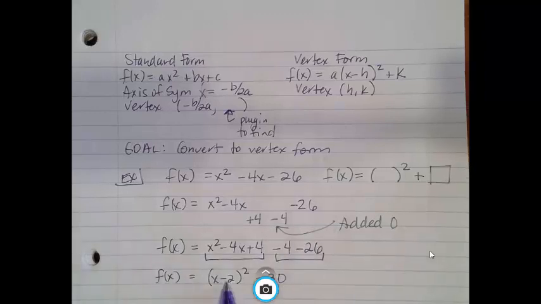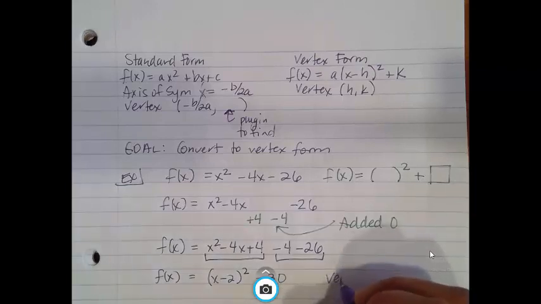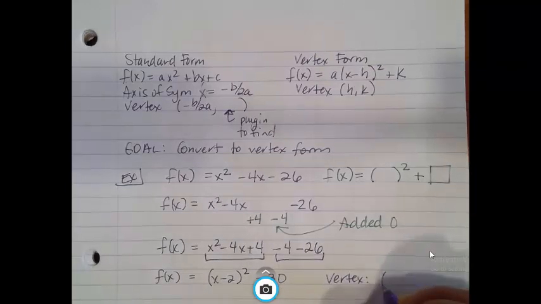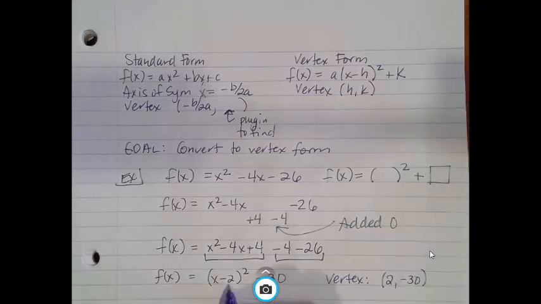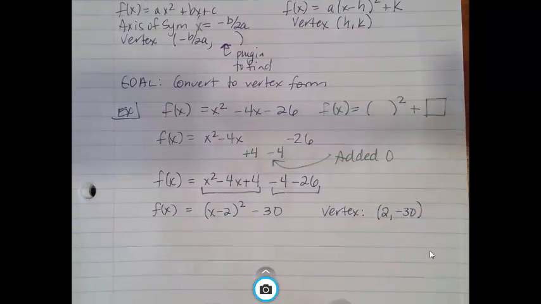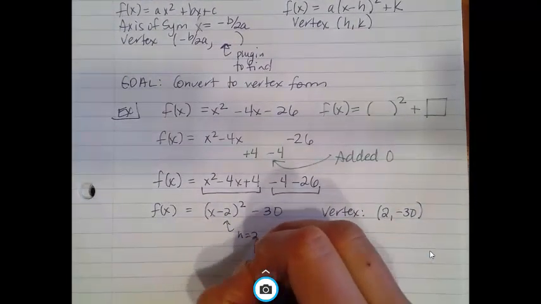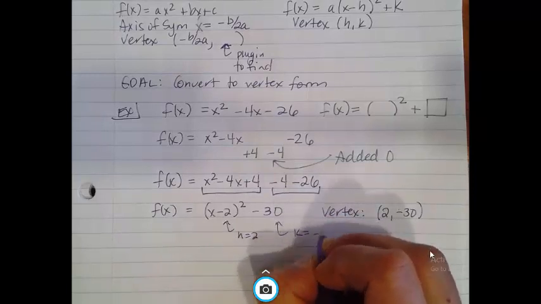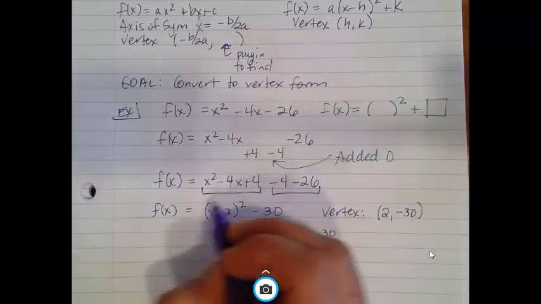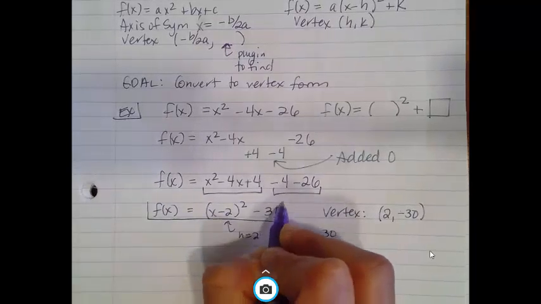So now I've got x minus 2 squared minus 30. That's vertex form, and in fact my vertex is (2, negative 30). Remember, the minus sign is part of the formula, so my h is 2 and my k is negative 30. There's my equation in vertex form.